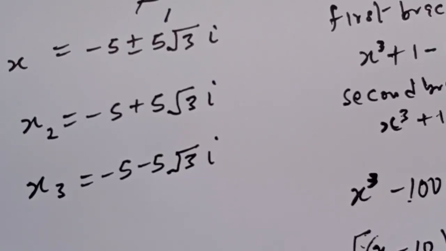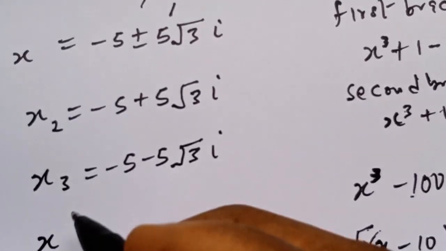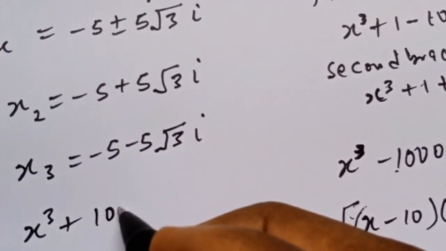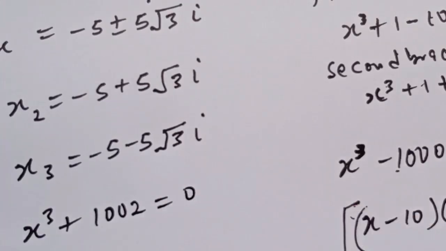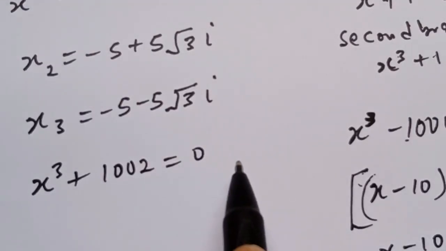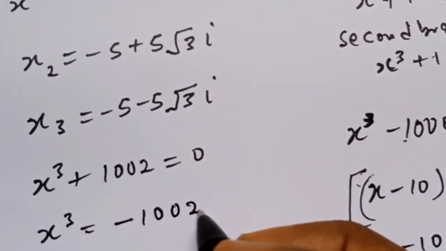So from here, we need to get the last value of x from our expression, which is x raised to power 3 plus 1002 equals 0. This is going to be the last value of x we are going to look for. We move the 1002 to the right hand side. We have x raised to power 3 equals minus 1002.